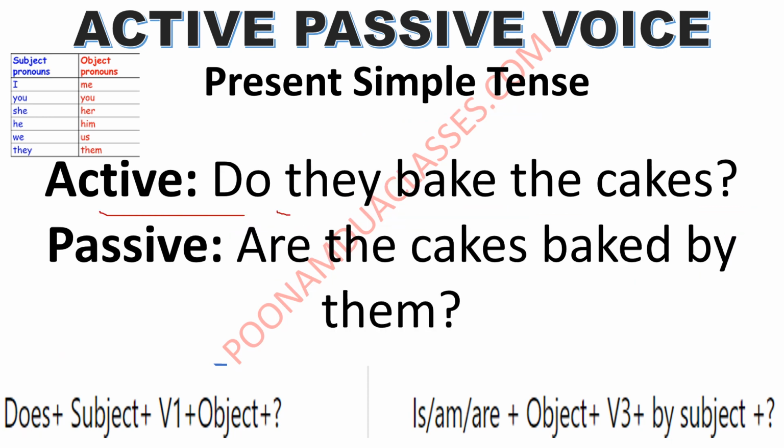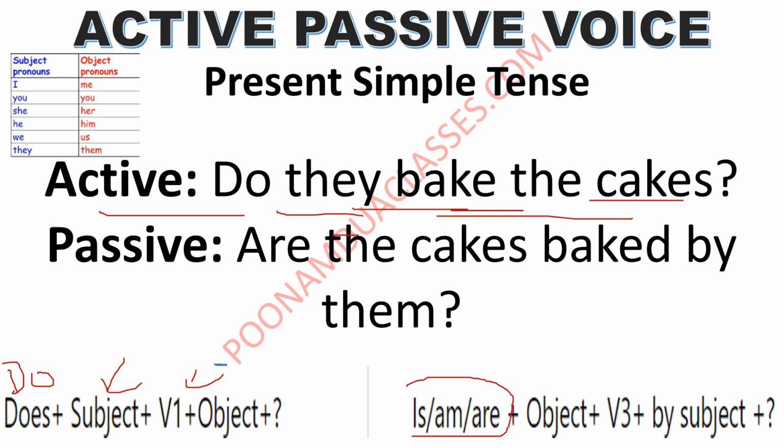Active: do they bake cakes? Do or does, do plus subject they plus first form of verb plus object cakes. Now the passive sentence will start with is, am or are, because it is asking a question. In every question we use the helping verbs first.